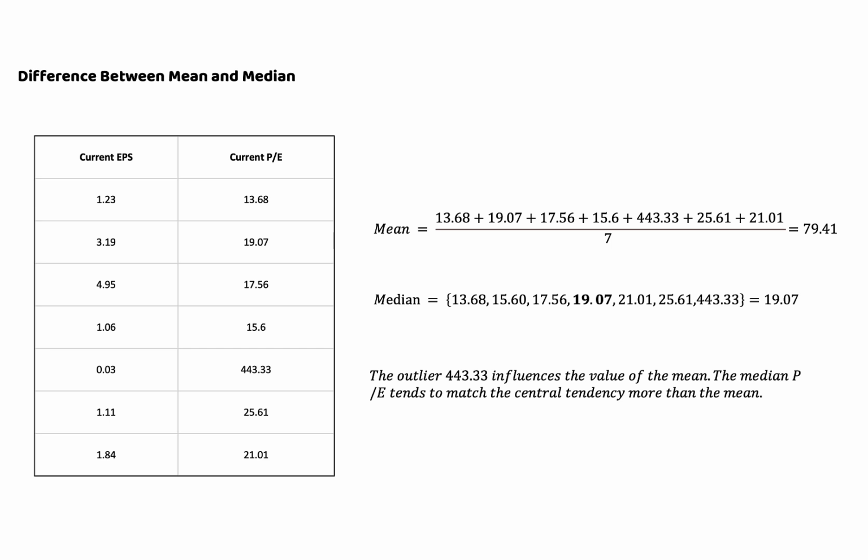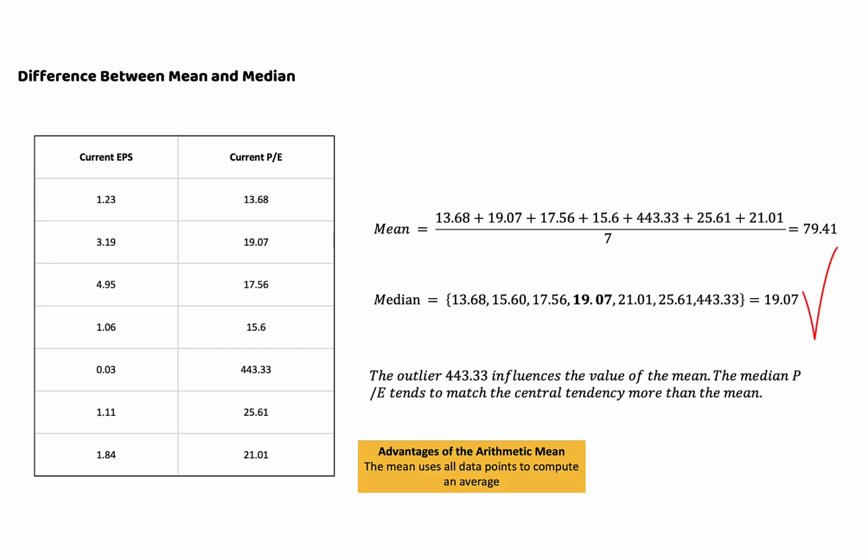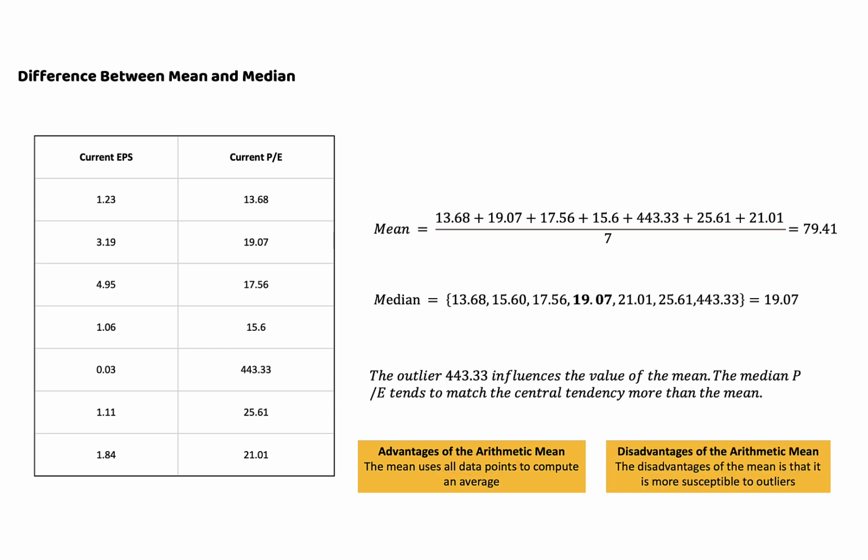So in this case, the median PE ratio tends to match the central tendency more than the mean. And again, the advantage of the arithmetic mean is that it tends to use all the data points to compute an average, whereas the disadvantage is it's more susceptible to outliers.